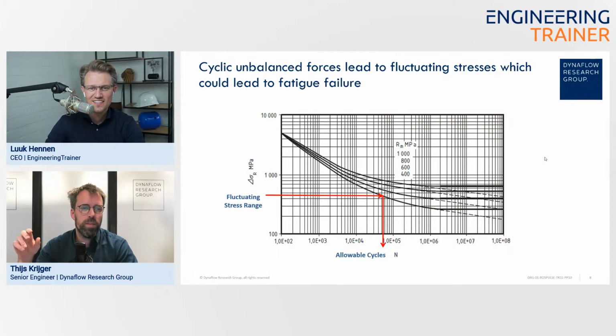So if we're doing some assessment of the stress levels, it's always going to be against what they call the fatigue limit. So the level of cyclic stress that you can have for, let's say, infinite amount of cycles. Because you will always reach a very high number of cycles within a few days or weeks. Yeah, that makes sense at those frequencies.